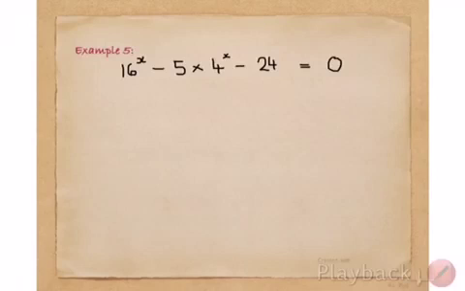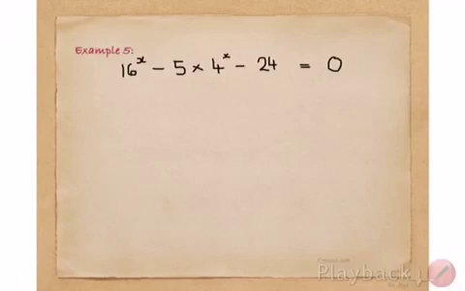My 16 I can rewrite as 4 squared. Now again, we've been looking for prime factors, but what I want to actually break this up into is a trinomial. So instead of going to the base, I'm going to just do 4 squared. Okay, because the 4 squared then will give me a squared term at the front, and then I will have a non-square term in the middle and a constant term, so I'm actually going to end up with a trinomial.